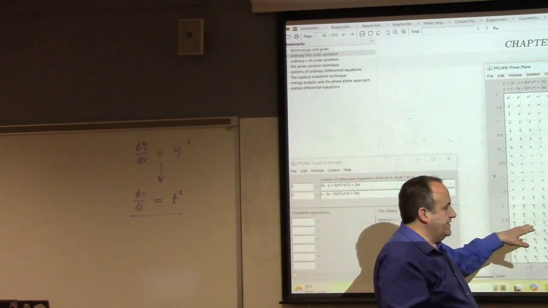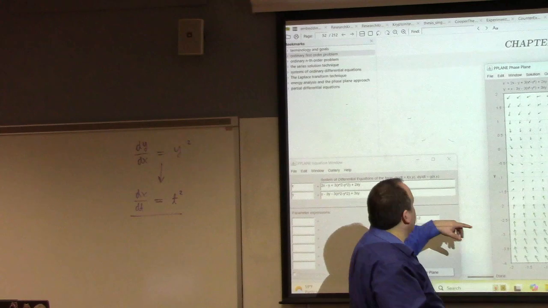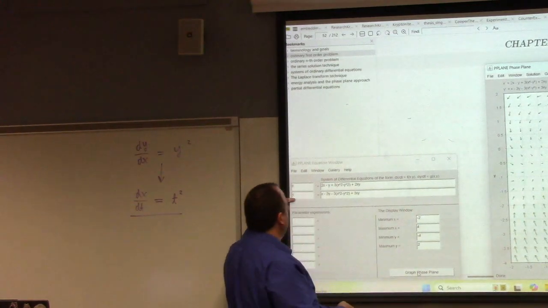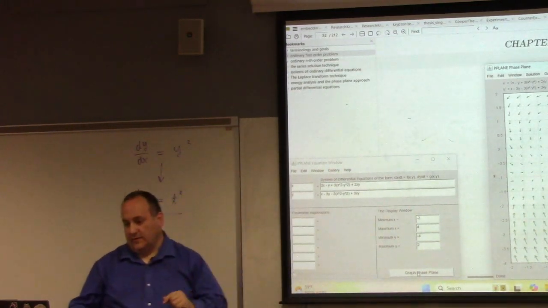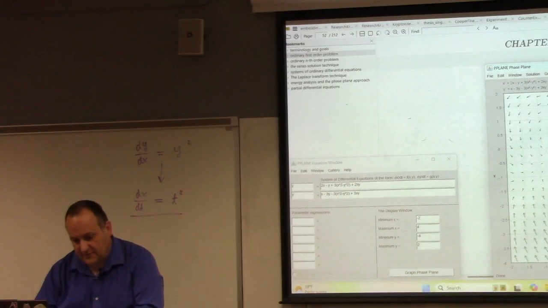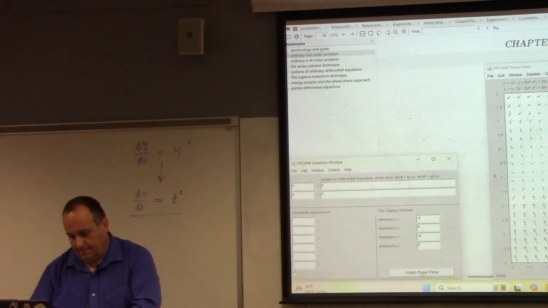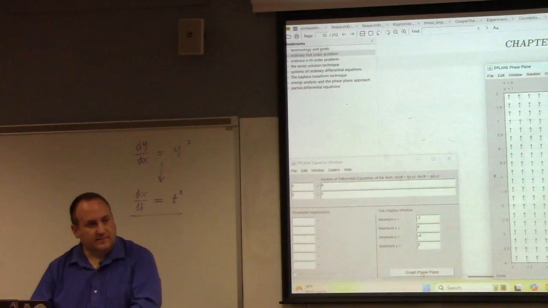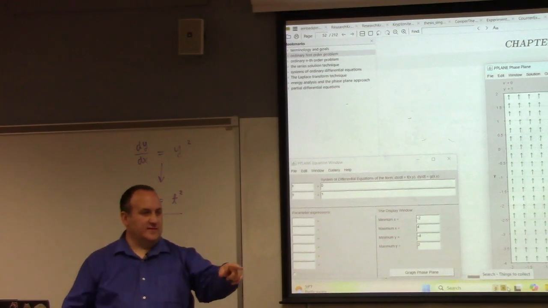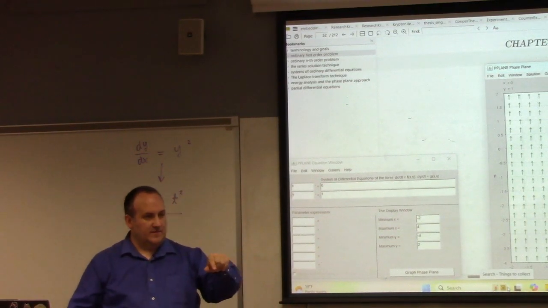This one, the length of the arrow is determined by the size of both dx/dt and dy/dt. For example, if I put dx/dt equals 0 and dy/dt equals 1, what should happen? Now, to answer your question, they're all the same size because they're all the same length.